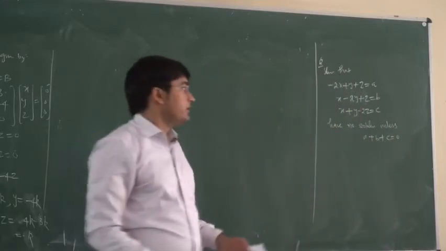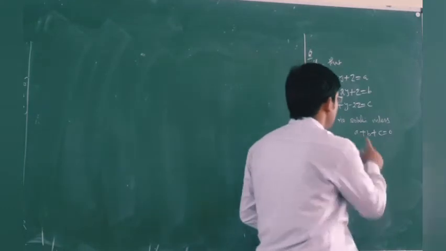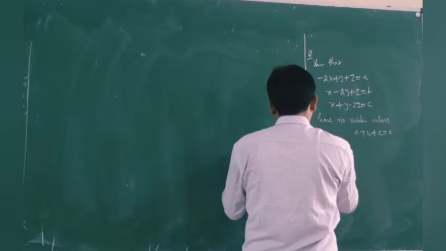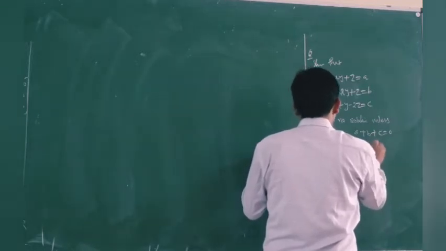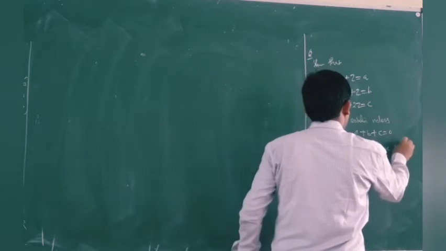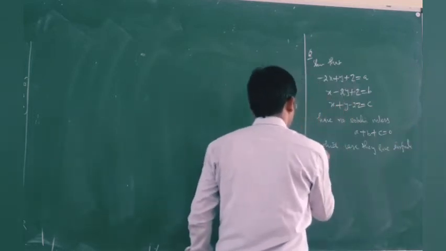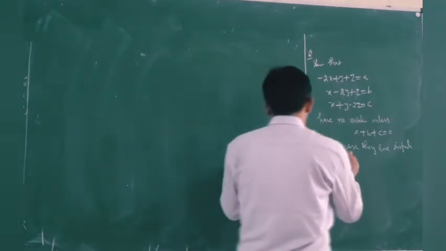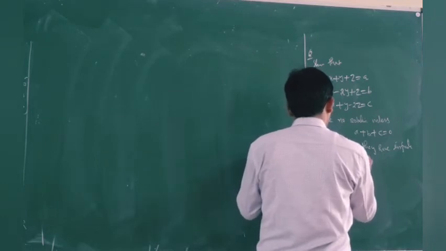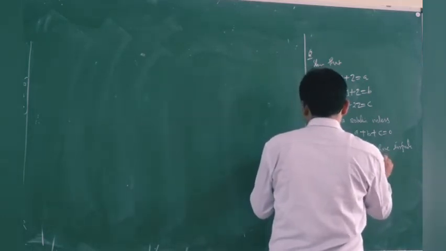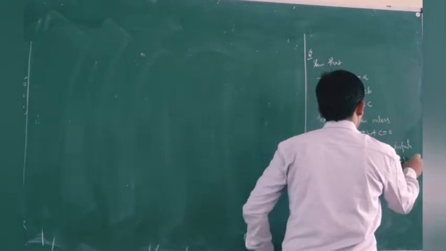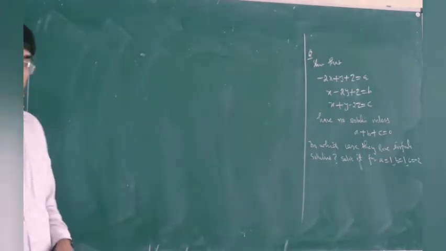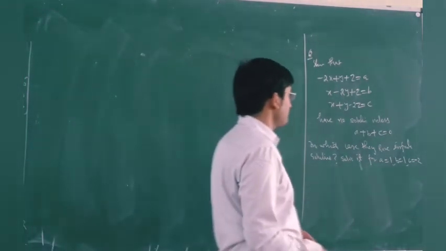So we have to prove that it has no solution unless this condition is satisfied, and further, in which case they have infinite solutions. In which case they have an infinite solution, and solve it for a equal to 1, b equal to 1 and c equal to minus 2. And then we will have to solve the system of equations for these values of a, b and c.